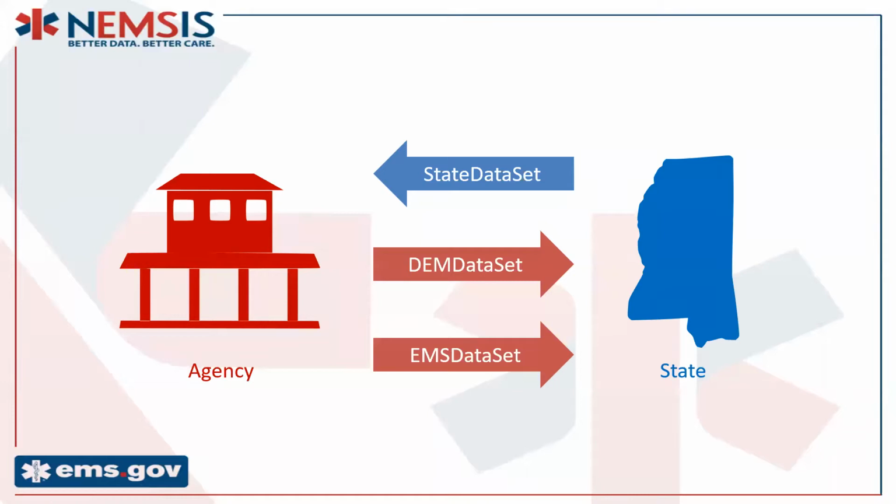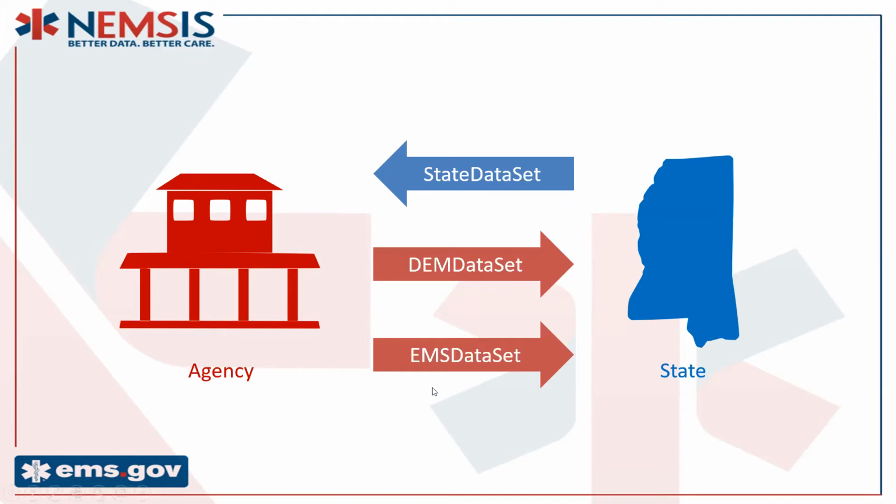So State Dataset joins two other datasets in the NEMSIS standard. DEM Dataset and EMS Dataset are the ones that everyone is the most familiar with because they've been around for years and years. So DEM Dataset is sent by an agency to their state or to other places to provide information about the agency and its resources.